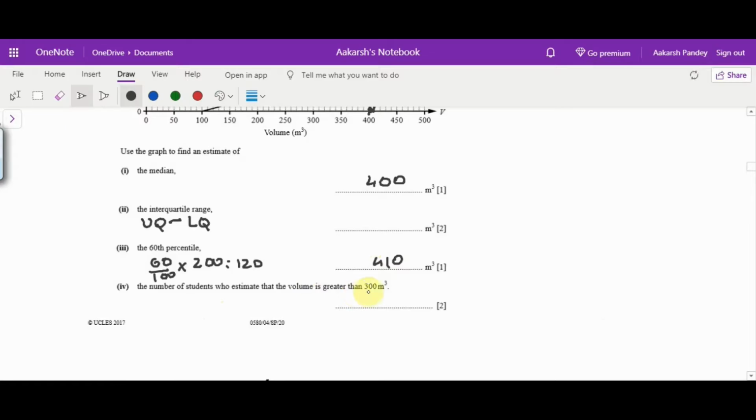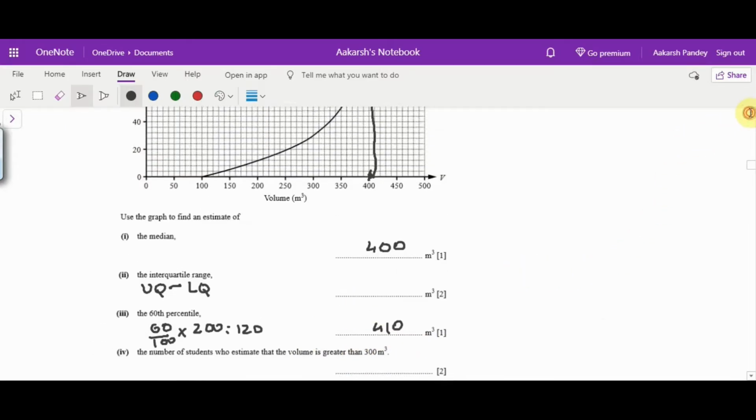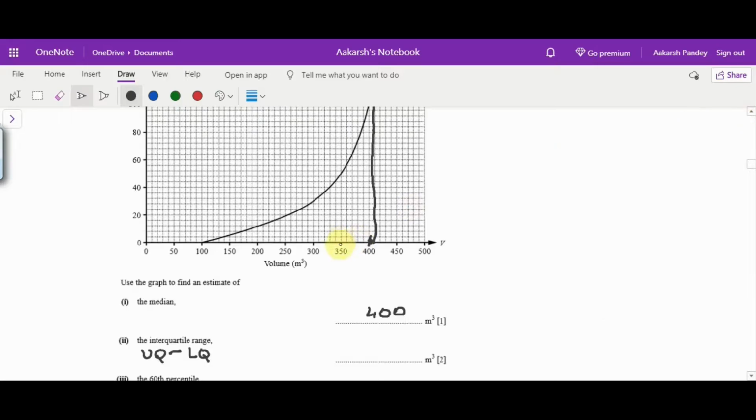Now I want to estimate the number of students who gave their volume greater than 300. In this case, I'll go from 300 where this meets the data point. Now going back to find how many students had given, this is in between 20 and 40. So we can say that around 30 students.